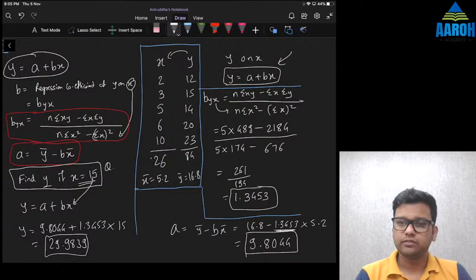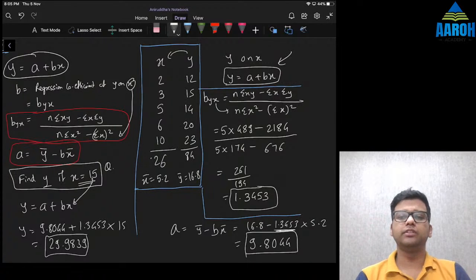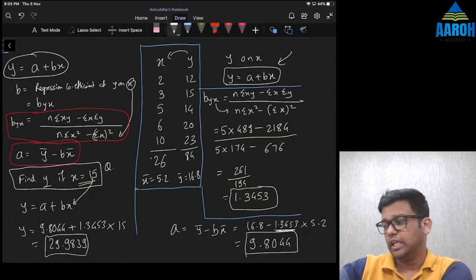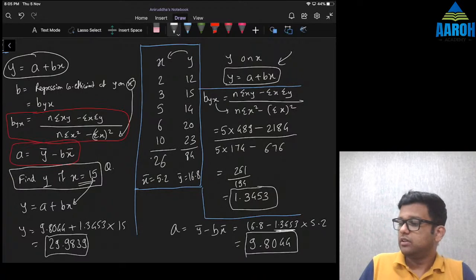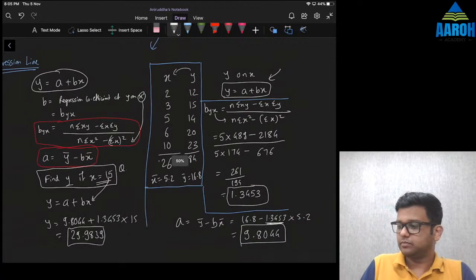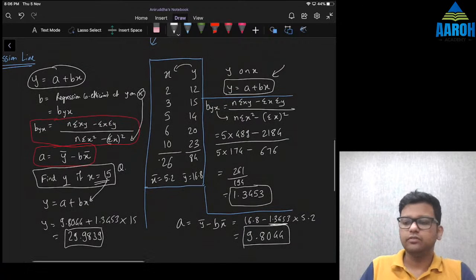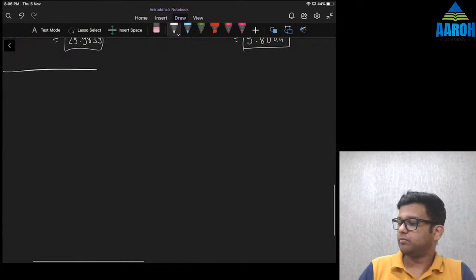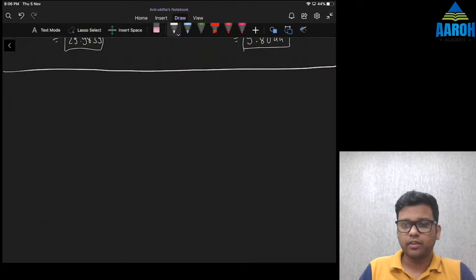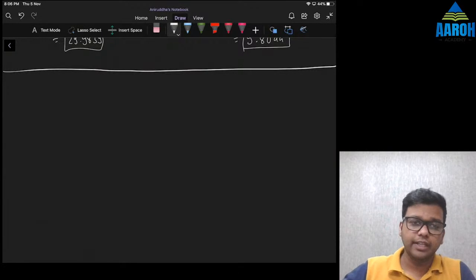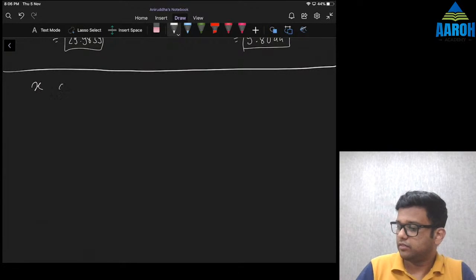Correct, Akash. Correct, Prem. Sanika, have you got the answer? If yes, let's proceed to X on Y. If anyone has any doubt at any point, ask me. Till then, let's start with X on Y.